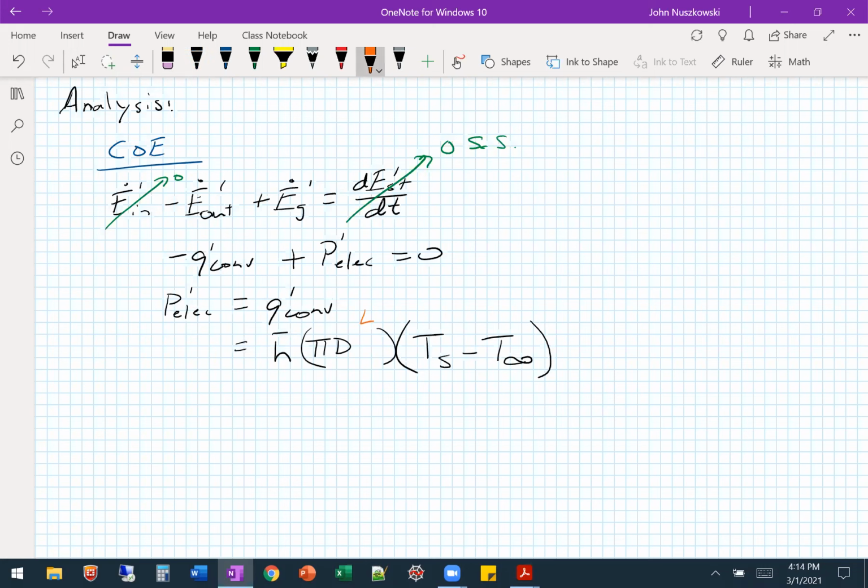So we go through this: we have the diameter, we have T infinity. We do not have the surface temperature or h bar, but we have P electric. So we're going to have to go some route there.